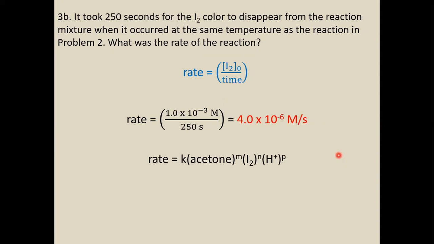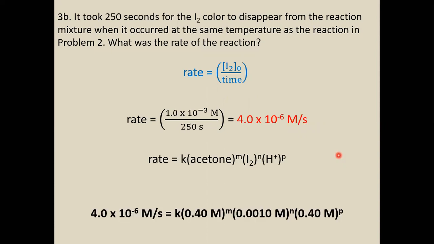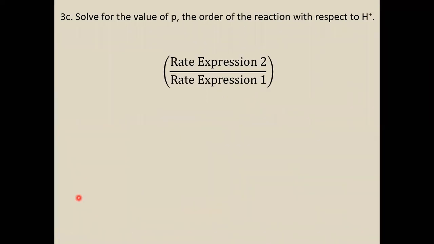I'm writing out the rate expression here also, because this is the rate expression that we're going to use to figure out those order values. To solve for an unknown order value, we need to divide two rate expressions.